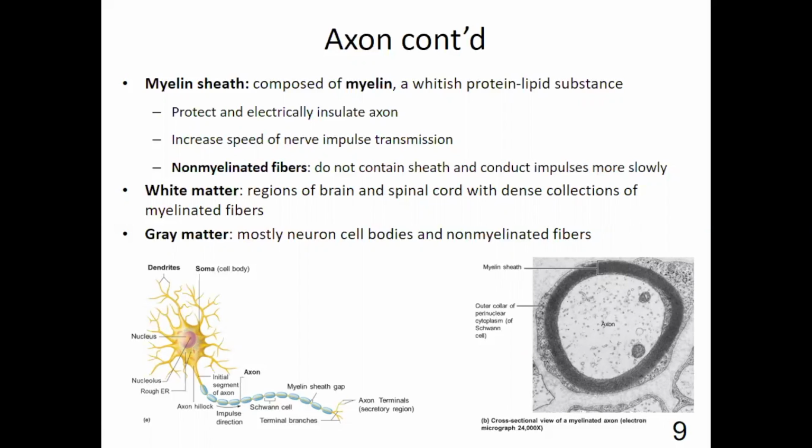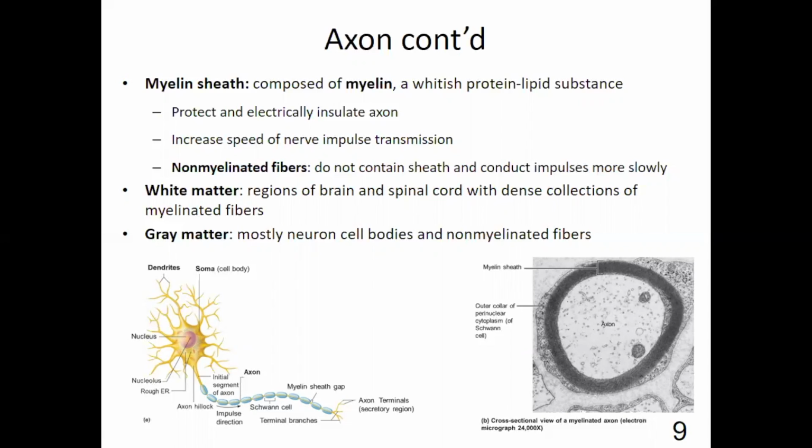Myelin helps to protect and insulate the axon. Insulating the axon means that the speed at which information can travel down the axon is faster. So non-myelinated fibers conduct information much slower than myelinated axons.